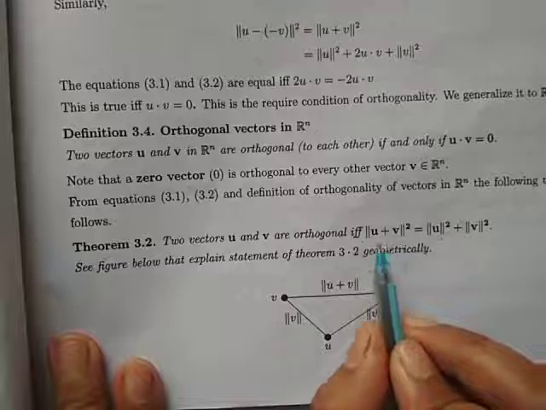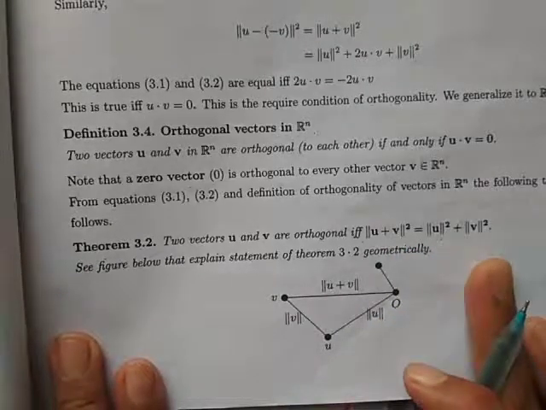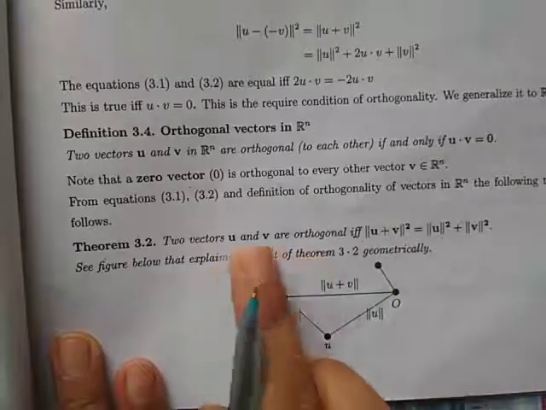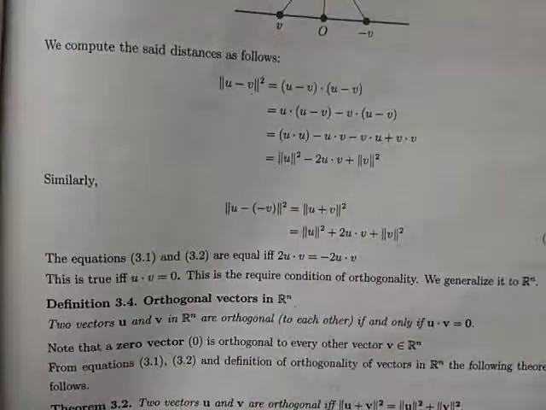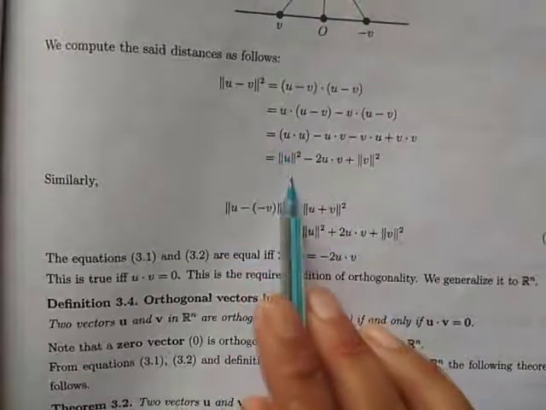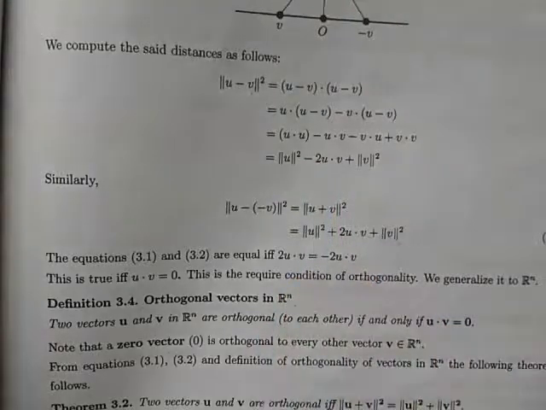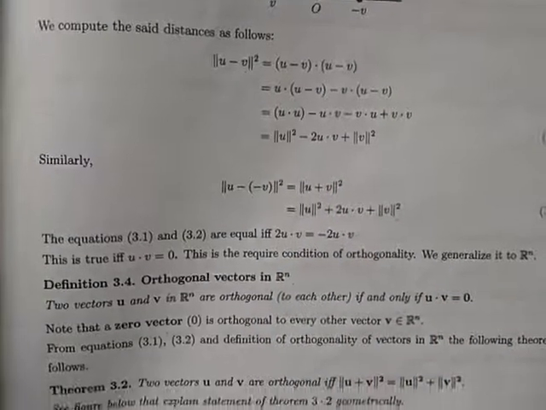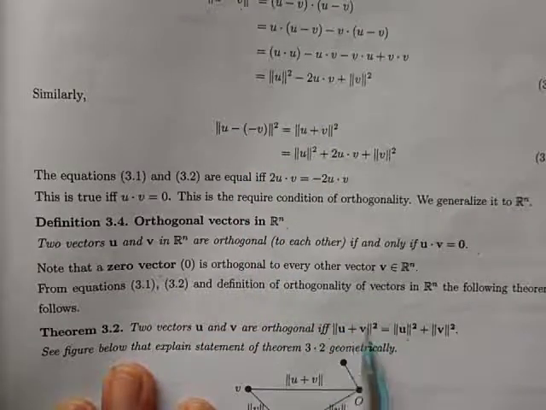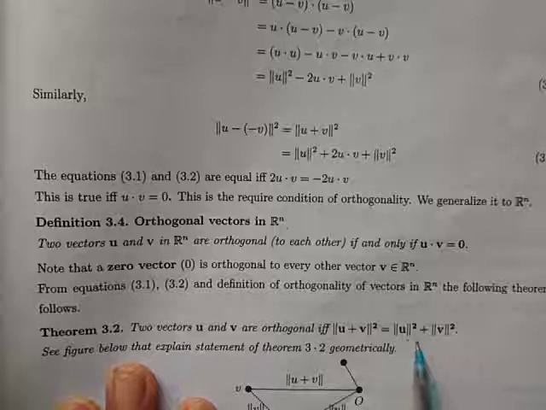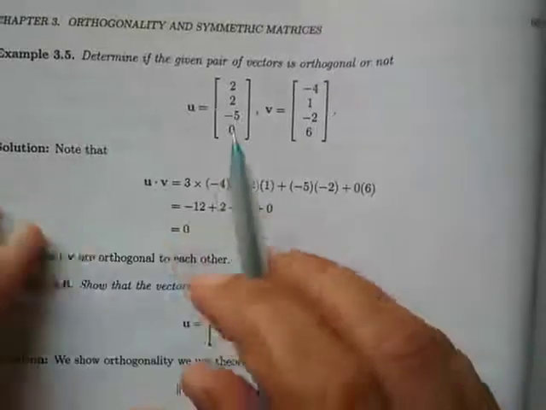When u and v are orthogonal, in this equation you will get u dot v equals 0. That's why we will get norm of u plus v square is equal to norm u square plus norm v square. Let us see an example.